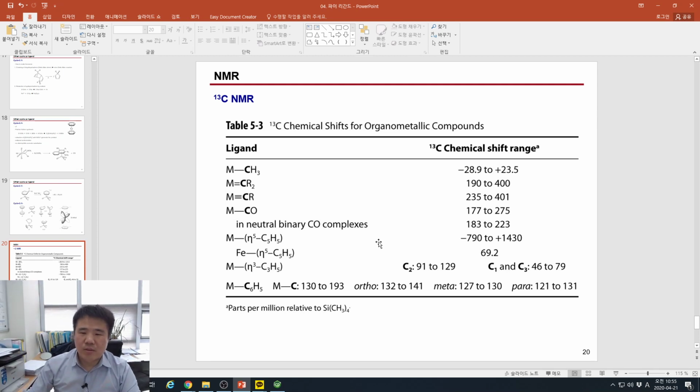In the case of a metal-carbon single bond, the shift is here. But for a double bond, as I told you, the transition metal withdraws electrons, so the carbon is electron deficient. So the range is very different, for example 400 or 10,000, but depending on the whole structure, the chemical shift is different.